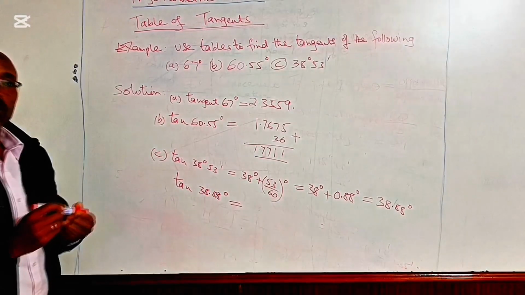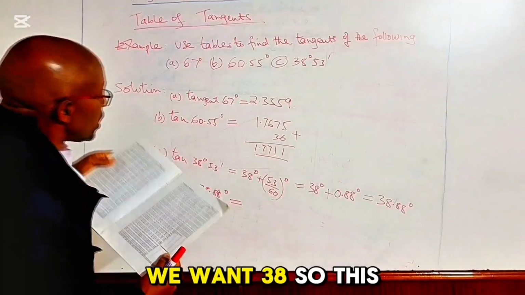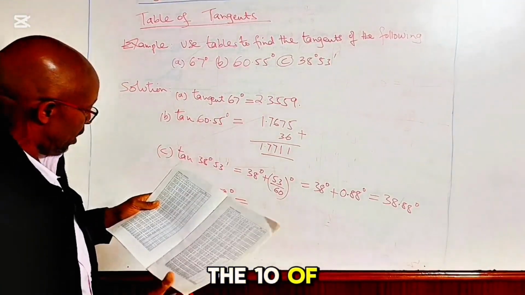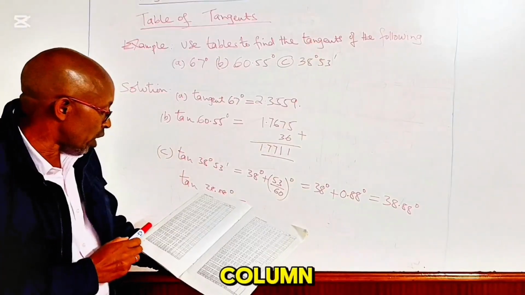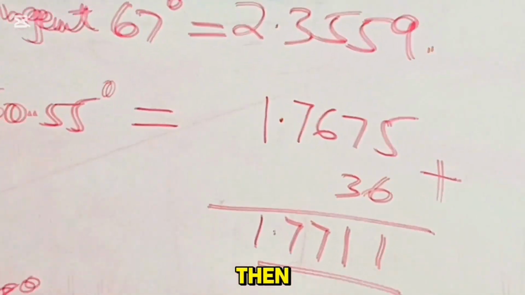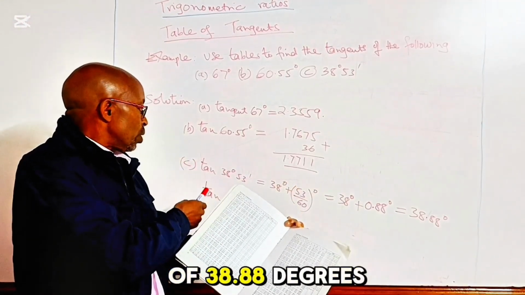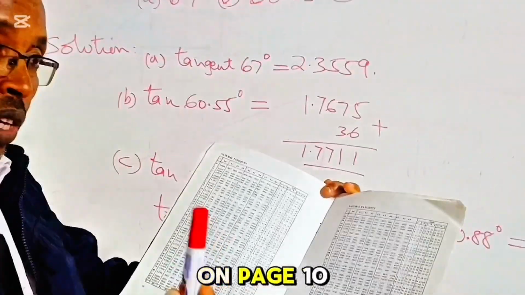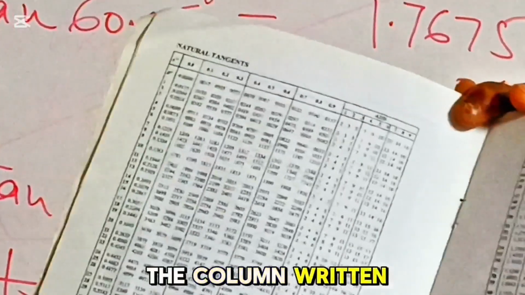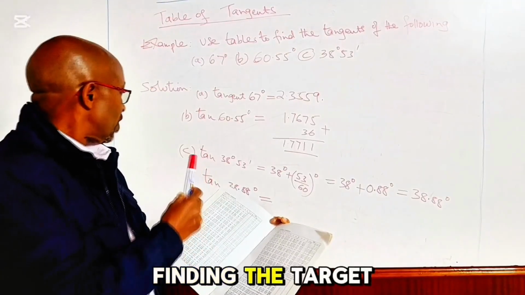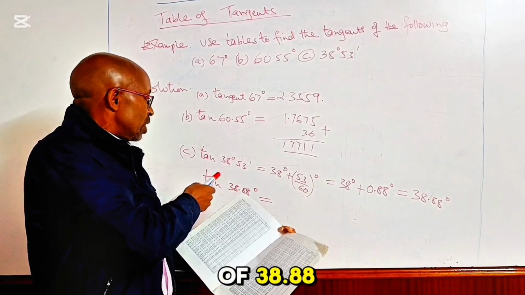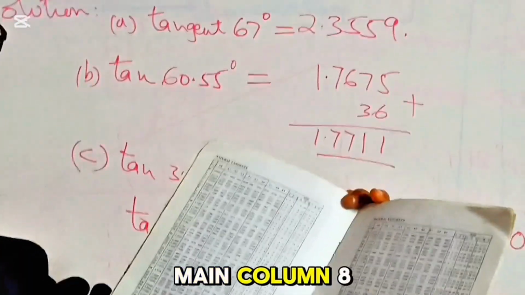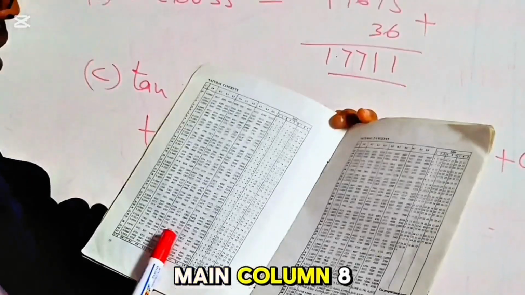We go to the tables. We want 38, so we find it on page 10 of natural tangents. We go to the row written 38, then finding the tangent of 38.88, main column 8.